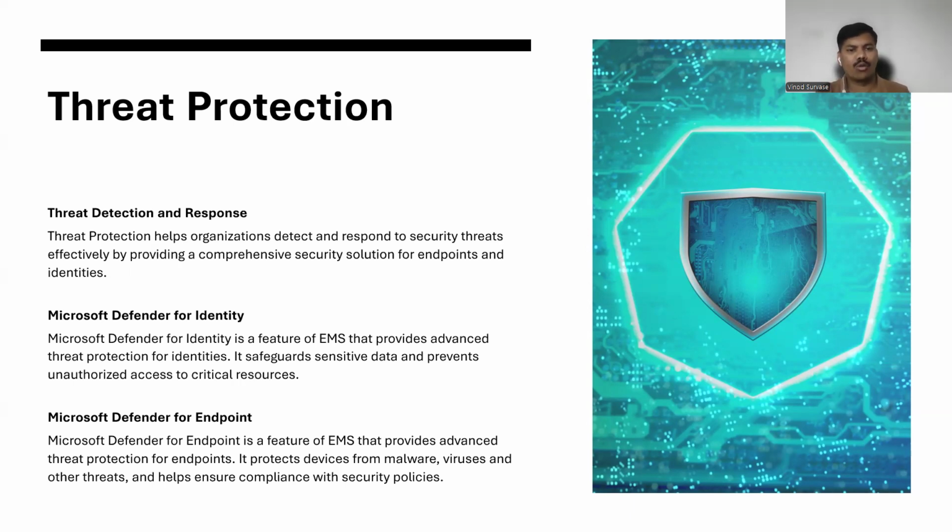And it's going to provide comprehensive security solutions for endpoints and identities as well. Endpoints include all of those different platforms, as I said: Windows, macOS, iOS, iPadOS, Android, right? Those are the different platforms which we can manage, and it is going to help us make sure the devices as well as the applications and data are secure, right?